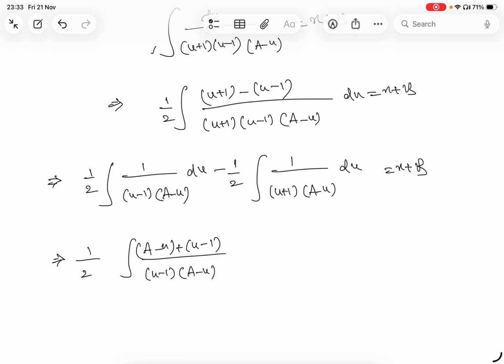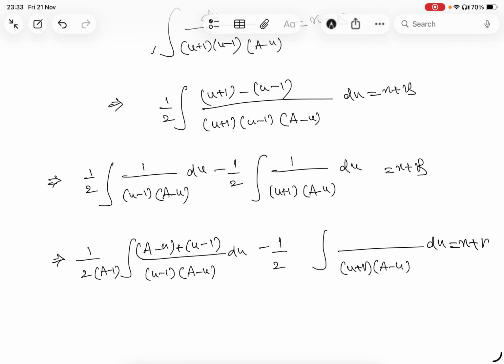Fine. Now you can see plus u minus u will get cancelled and you are left with a minus 1. So divide it by a minus 1. So this will be simplified further, right? Similarly, here this will be minus 1 by 2 into integral. The denominator will be the same, a minus u du equal to x plus b.